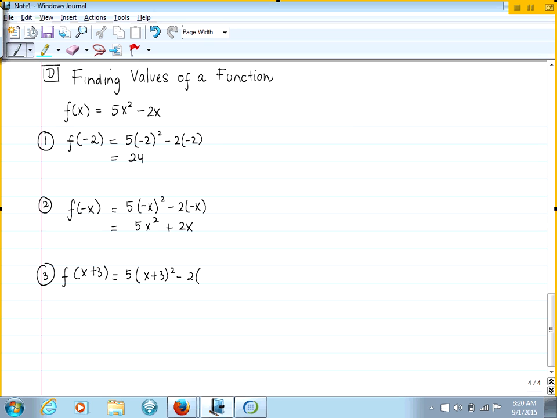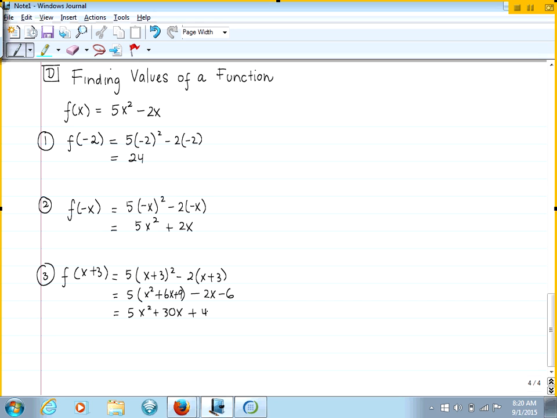5 times x plus 3 squared minus 2 times x plus 3. So this is 5 times, what is x plus 3 squared? X squared plus 6x plus 9, yes, minus 2x minus 6.